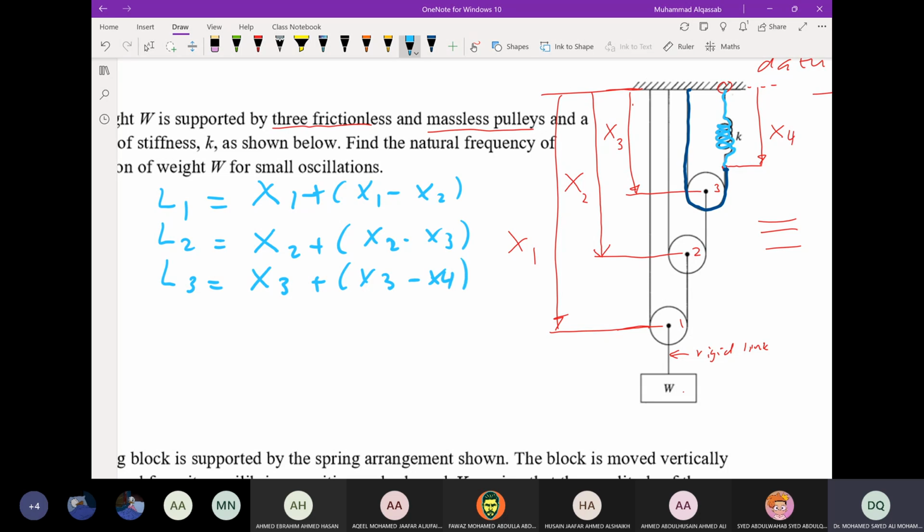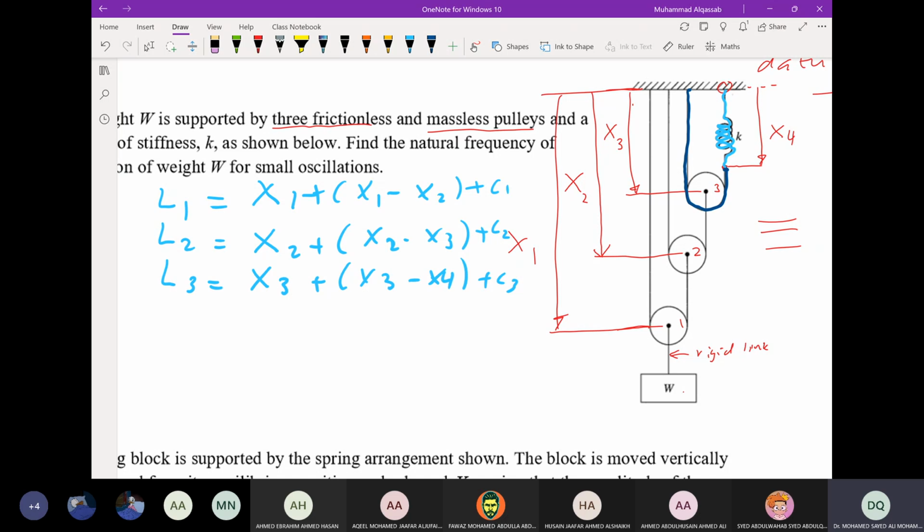Excellent. Those are the actual lengths, of course, plus let's say C1 plus C2 plus C3. The constants are around the pulleys. That is not considered, but just to be more specific.